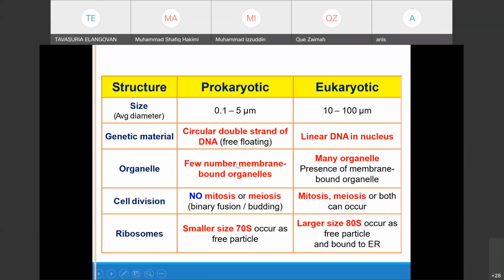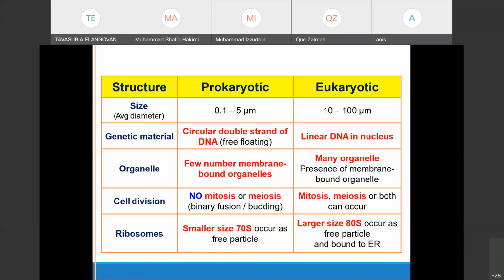Okay, so when you compare organelles, there are many more membrane-bound organelles in eukaryotes than in prokaryotes. There are no double membrane-bound organelles such as the nucleus, mitochondria, and chloroplast inside the prokaryotic cell. However, eukaryotic cells have double membrane-bound organelles. Then prokaryotic cells have a smaller ribosome, 70S, and eukaryotic cells have 80S.